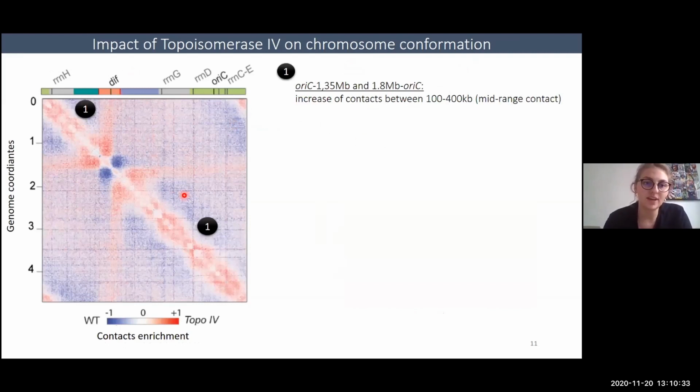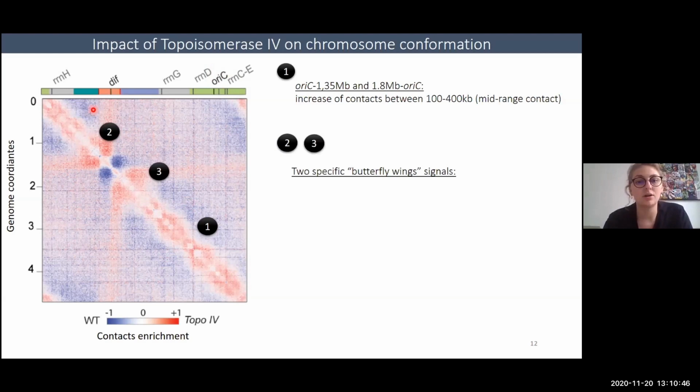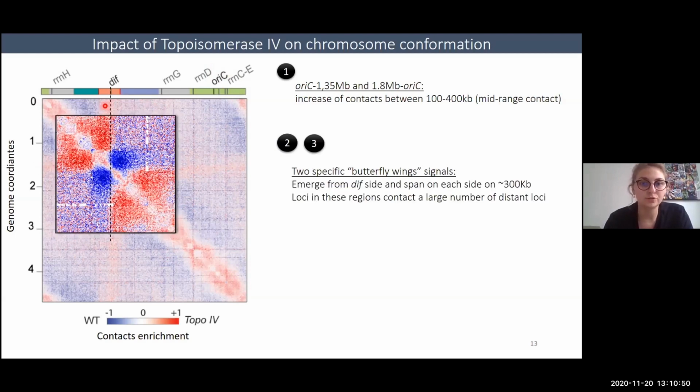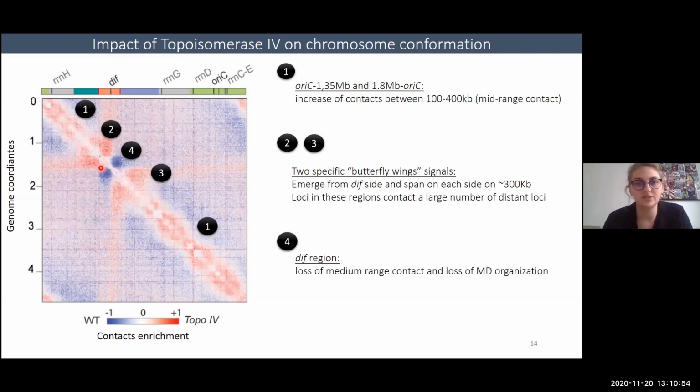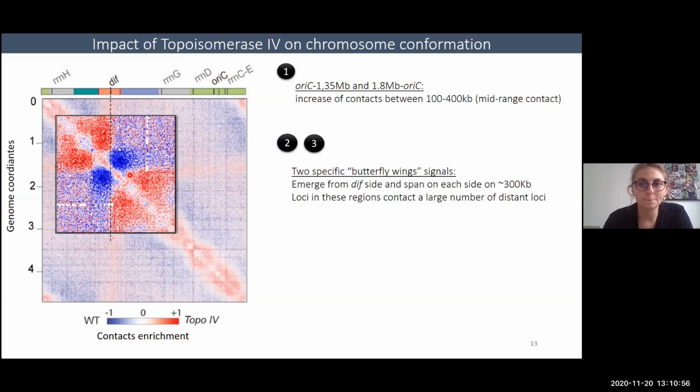The first effect that we see is an increase of mid-range contact from the OriC to 1.35 megabase and from the OriC to 1.8. The second one are those very specific spikes that emerge from the dif site and spread on each side of the dif site, on about 300 kb.